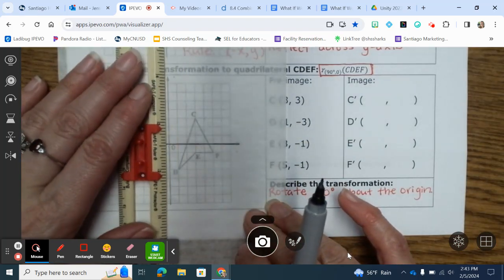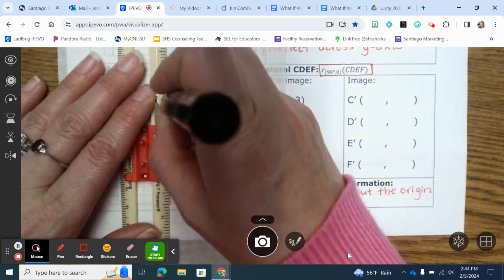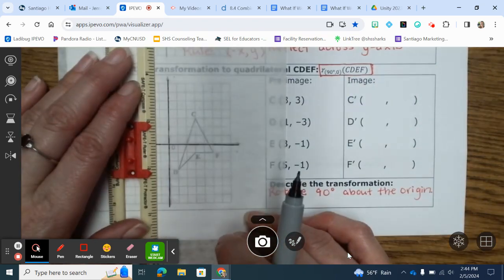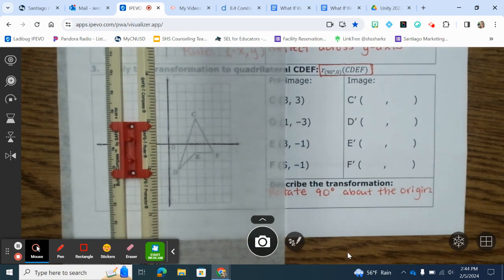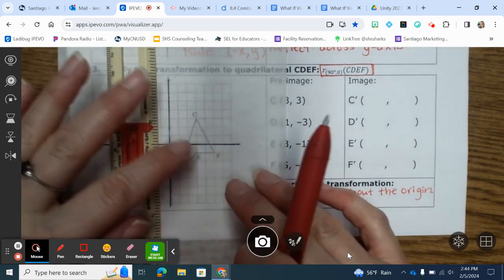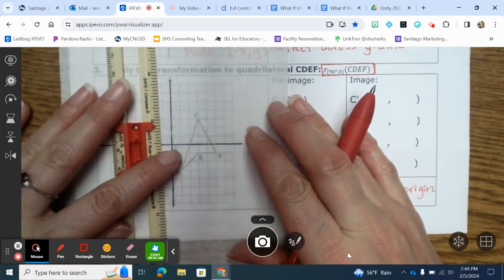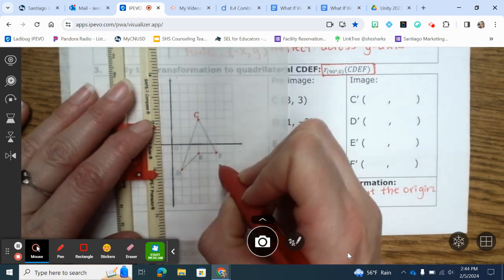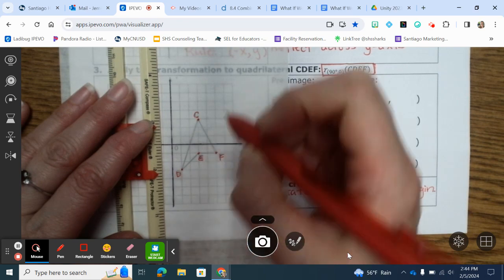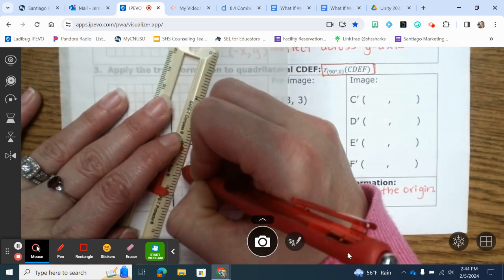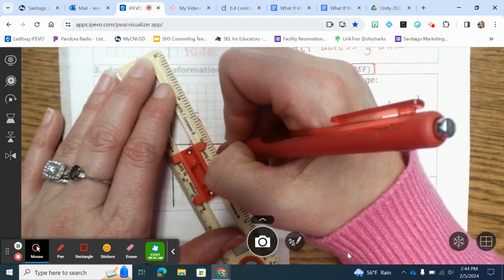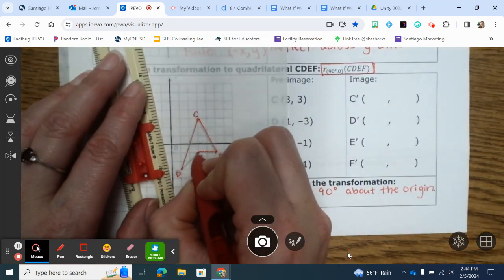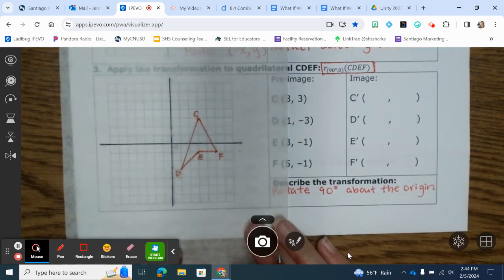And then I'm going to trace my pre-image. Okay, so take a moment, trace that. Pause this if needed.